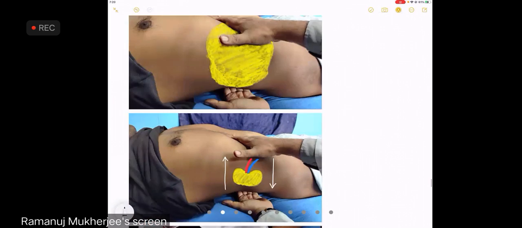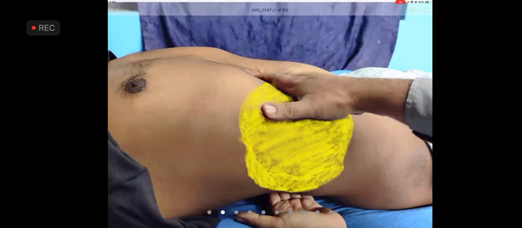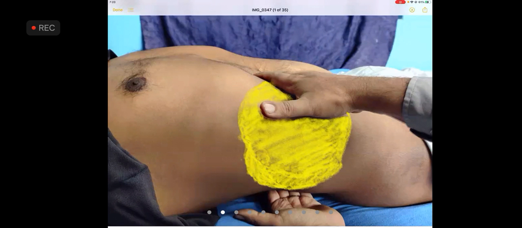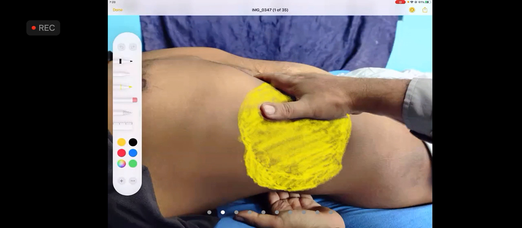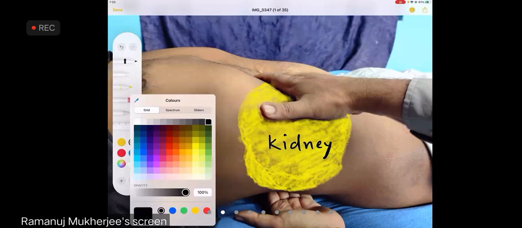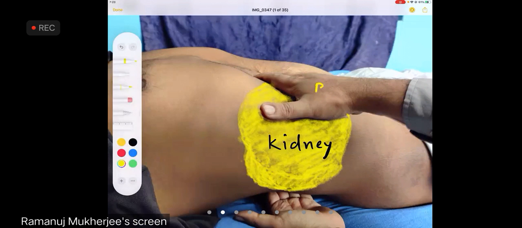Now see this picture in front of your screens. Can you see the kidney lump in front of you? If this is the kidney lump, can you see that the kidney lump is being felt by the right hand and the left hand?